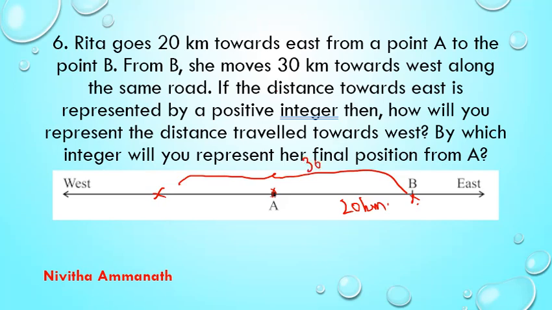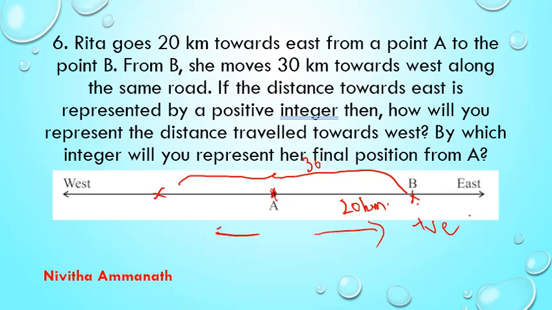And if the distance towards east is represented by a positive integer, so this side, that is the east side, is a positive integer, then how will you represent the distance traveled towards west?